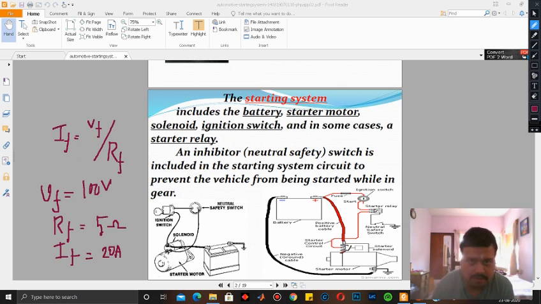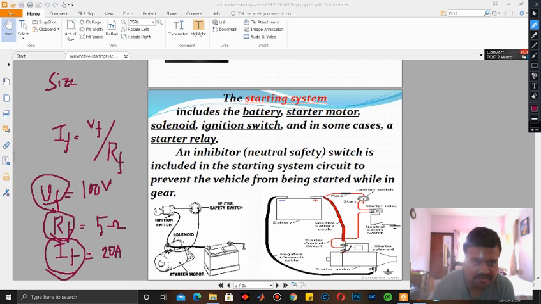Now these parameters, that is the field voltage, field resistance, field current, all these things depend on the size of the motor or the starter motor used in automotive vehicle.